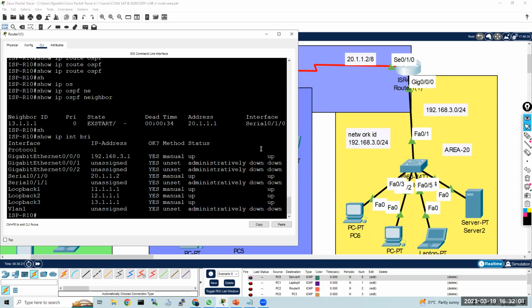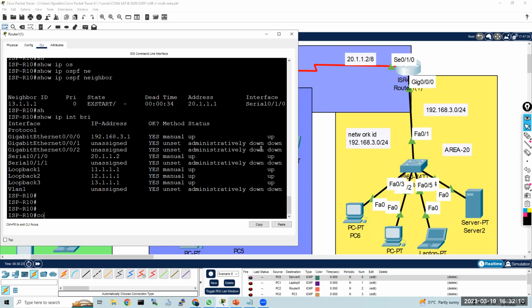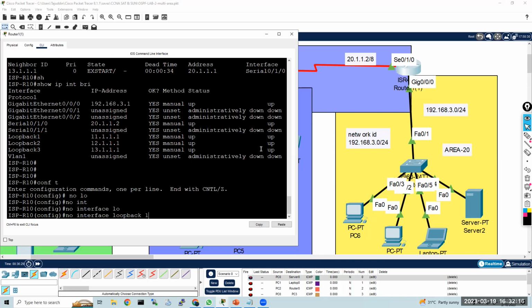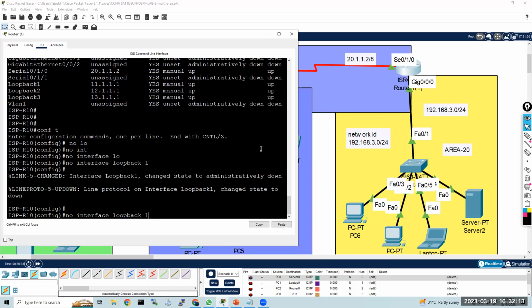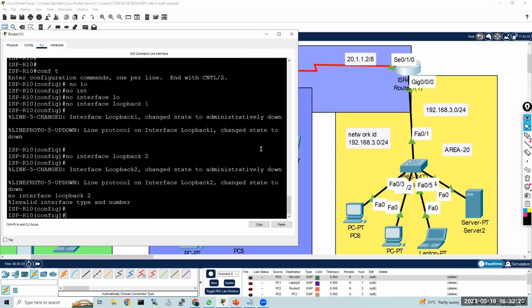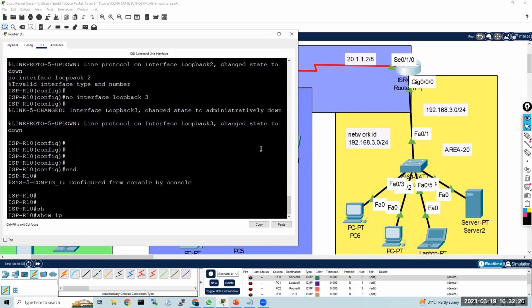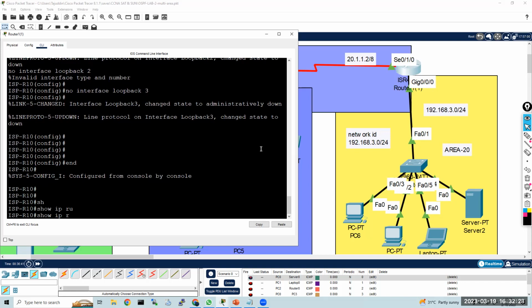Let's remove this guy as well. No interface loopback 1, loopback 2, loopback 3. So now show IP route.